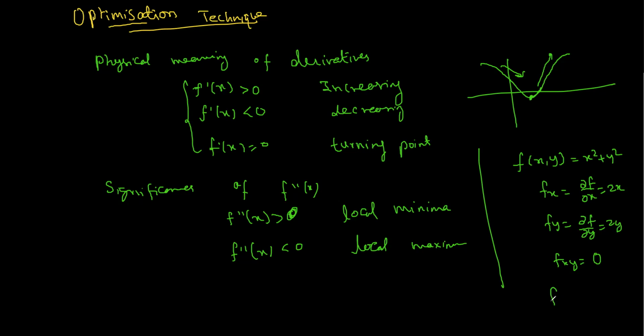Always remember one thing: fxy and fyx are always the same. This is two times derivation, with respect to x then y, or y then x.